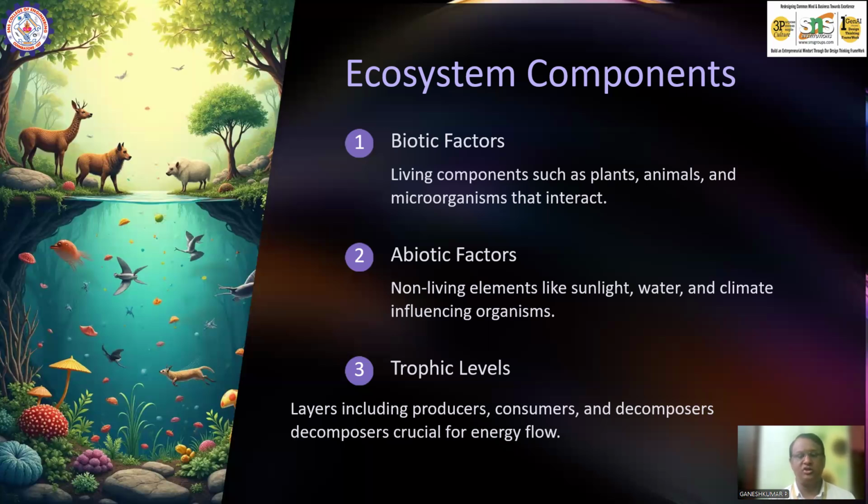From the producers, consumers take the energy, and once the consumer has died, it undergoes decomposition, and decomposers will decompose it and take the energy. So ecosystem components are classified into three aspects: biotic factors, abiotic factors, and trophic level.